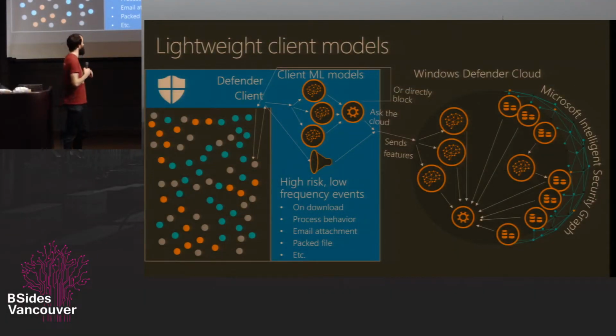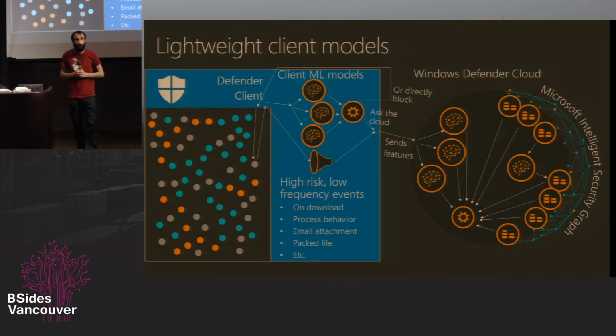Whenever it's a high risk, low frequency event, we ask the cloud for decisions. And also we have random sampling that occurs in the client, where we get random sampling of customer encounters with files. So we are able to train and discover stuff that we're not detecting when it's missed by the client classifier, if that makes sense.